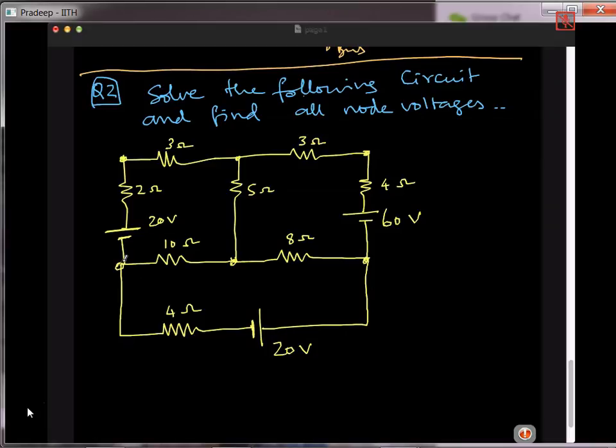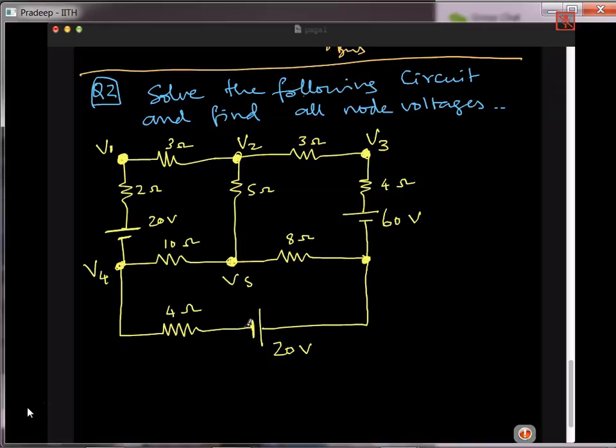Okay, so somebody gave you this question and asked you to find all the node voltages. So let's mark the nodes. Let's call this V1, let's call this V2, let's call this V3, V4, V5, and that's it.